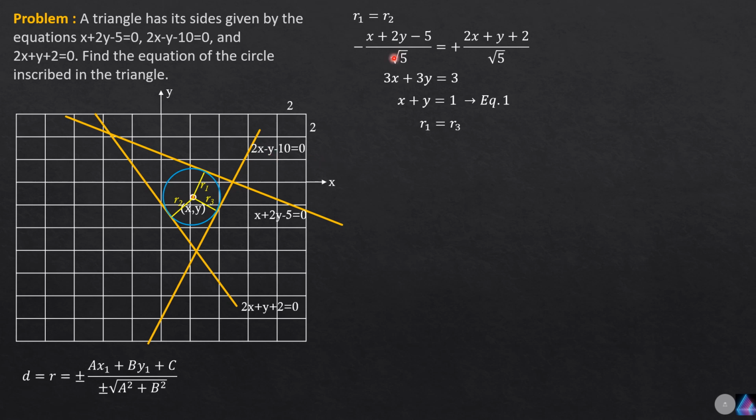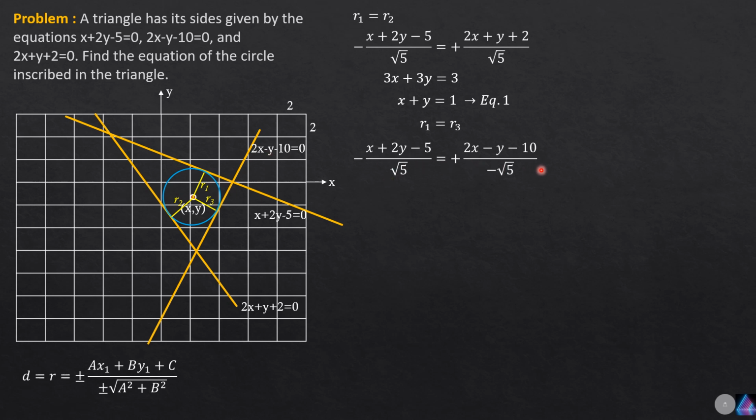So negative quantity x plus 2y minus 5 over square root of 5 is positive of quantity 2x minus y minus 10 over negative square root of 5. Again, the sign of the denominator is negative because the coefficient of y is negative.